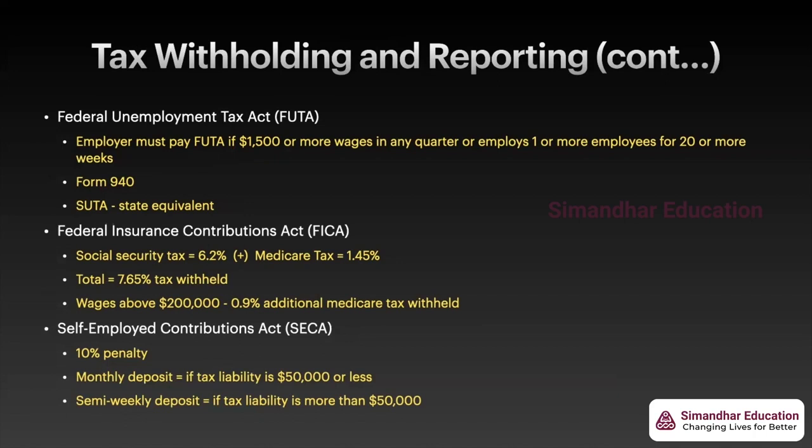This can again vary based on what slab you fall under, but the requirements are that unemployment tax, Social Security, and Medicare tax have to be withheld from your income. Along with that, if you are a high-salaried employee generating income of more than, say, $200,000 if you're filing single, then an additional 0.9% has to be withheld from your salary or commission.